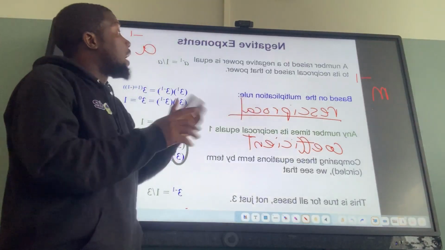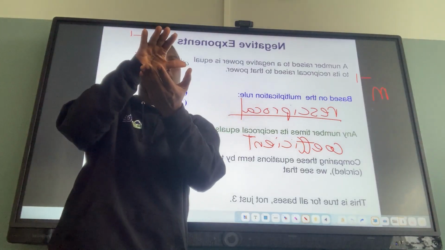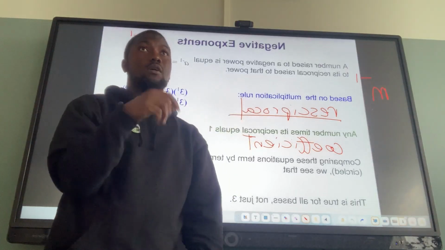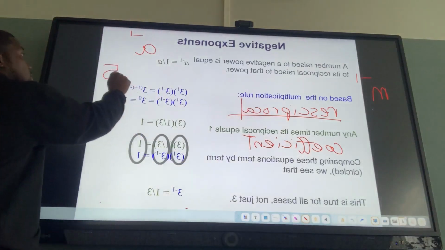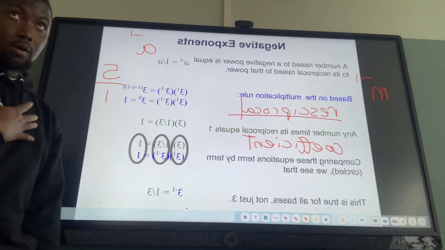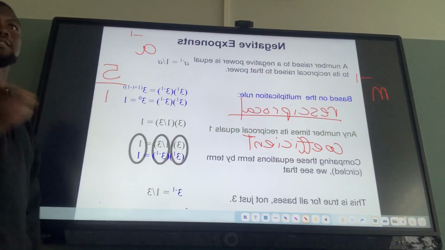So if you are to reciprocate, you just look at the number and think about this number as a fraction. You know, every number can be written as a fraction. If I ask you the number 5 as a fraction, this is the same as 5 over 1, because I know there are 5 groups of 1 in 5. So 5 over 1 is the same as 5.